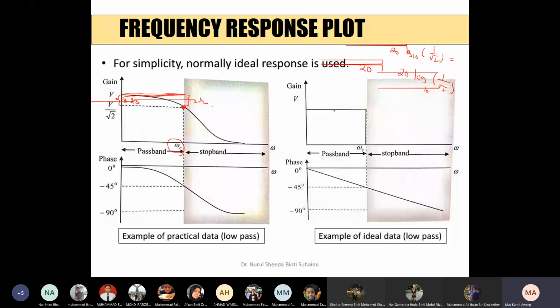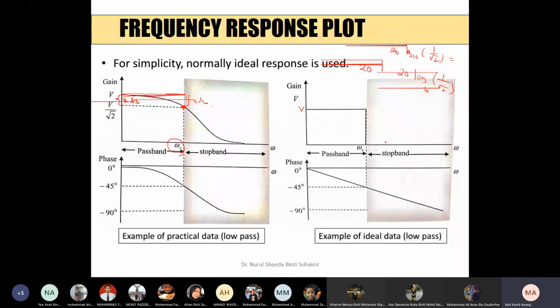So basically, in the ideal case, this is V here. And the practical one, at this point it's not V anymore, it's V over square root 2, or 3 dB from V. Right?